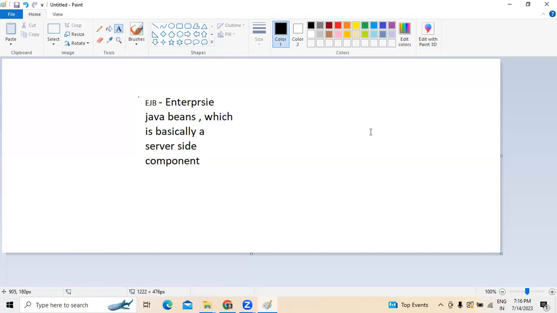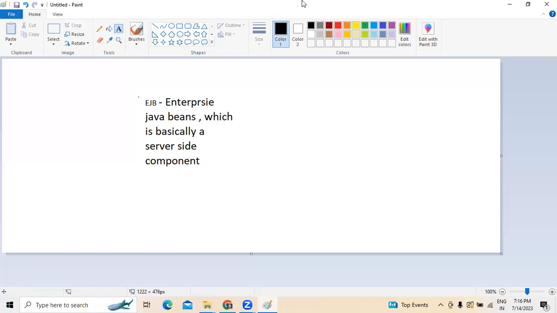To run EJB, we need application servers with EJB containers, such as JBoss, GlassFish, etc. EJB applications are deployed on the server side, so it is called a server-side component also. Along with that, the EJB container platform's lifecycle manages security and transactions. At the same time, it manages object pooling as well.